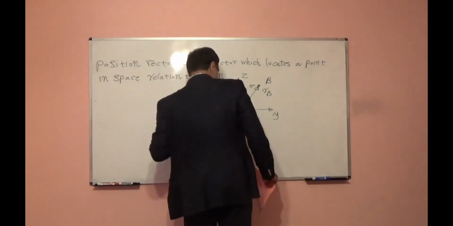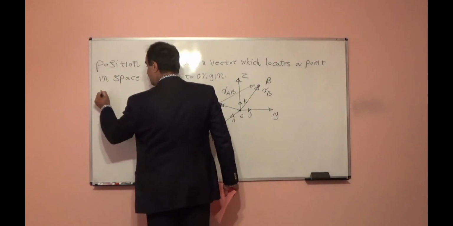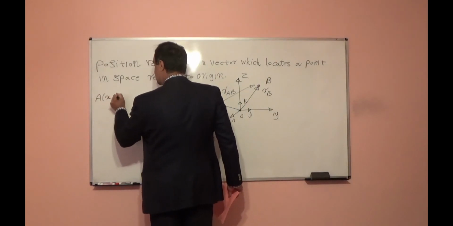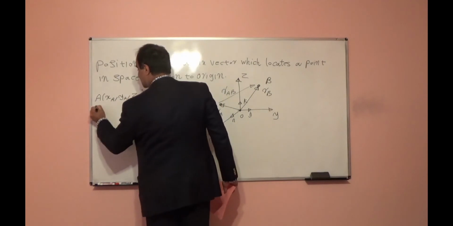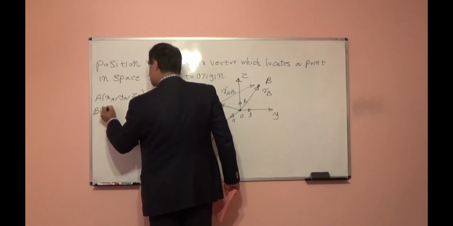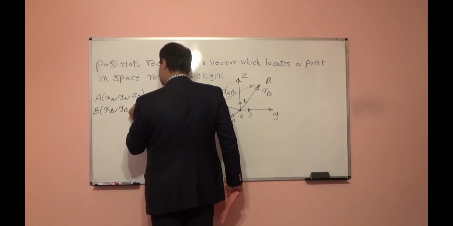Let's say the coordinate of point A is xa, ya, za, and the coordinate of point B in 3D space is xb, yb, zb.